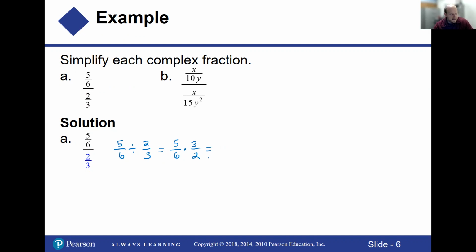Okay, and then at this point, what we can do is we can simplify it, maybe by canceling out common factors. So we see diagonally here that 3 and 6 have a common factor of 3. So I can cross the 3 out and make that a 1, and I can cross the 6 out and make that a 2. Again, another way to think about that is dividing both of those by 3. So then what I have is 5 times 1 divided by 2 times 2, which is 5/4.